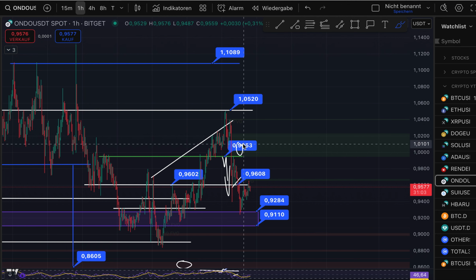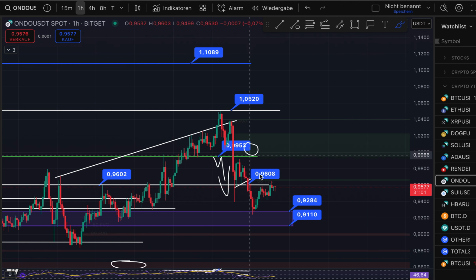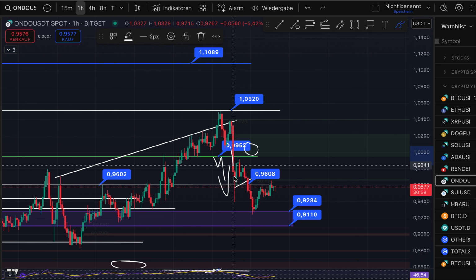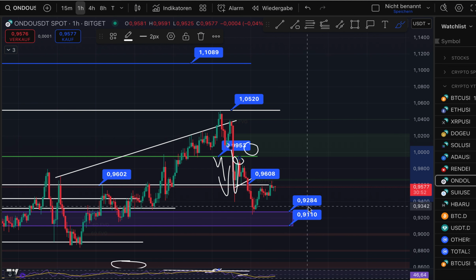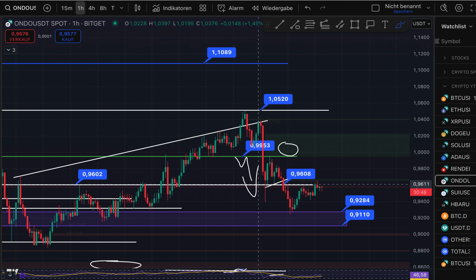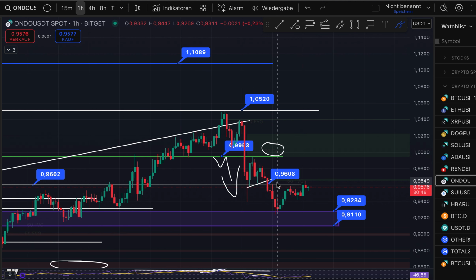So what about Ondo? We have said about Ondo, breakout, retest, the chance is high that we drop into the box 92.8 cents to 91.1 cents. We have said if we break the 96 cents to the downside, then we shouldn't get the fair value gap filled, which is over.